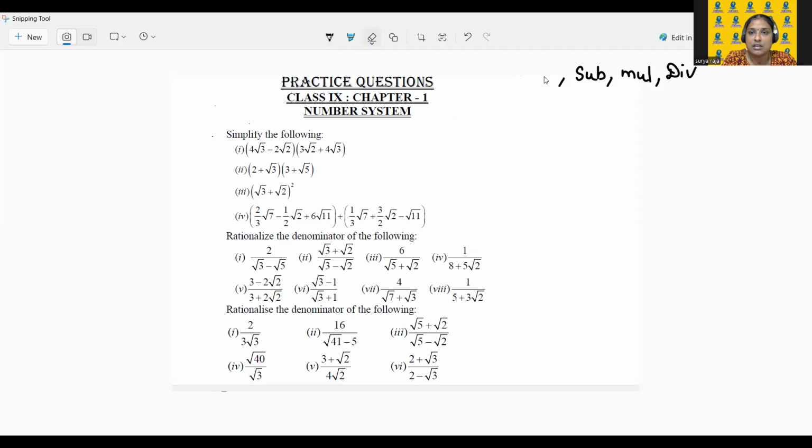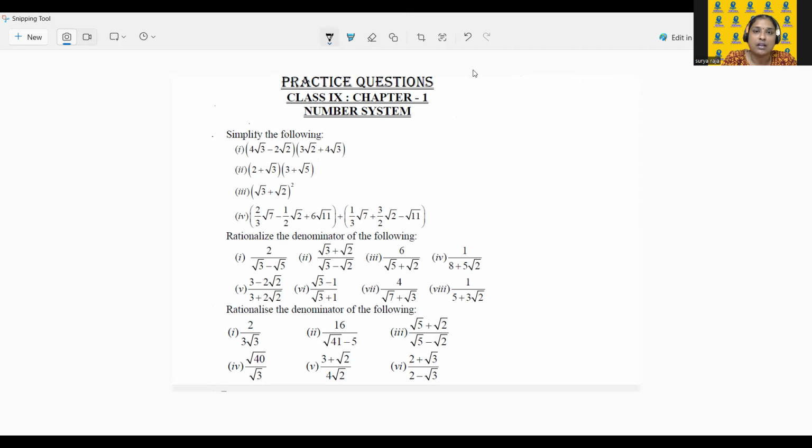Okay, let me do the first one. Now, simplify the following. Just given 4 square root of 3 minus 2 square root of 2 times 3 root of 2 plus 4 root of 3.